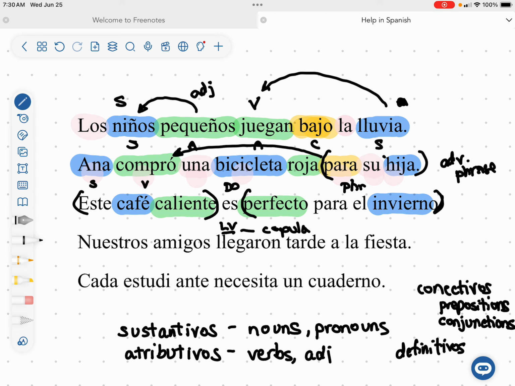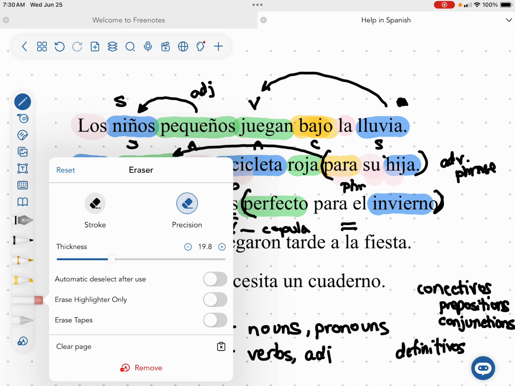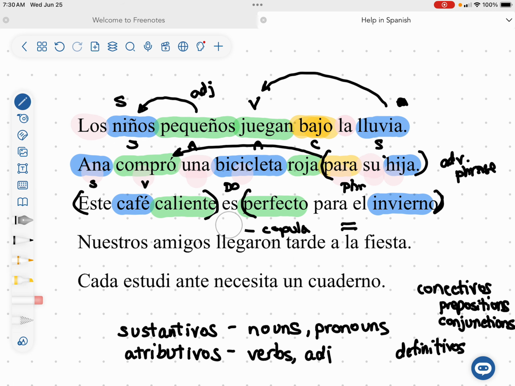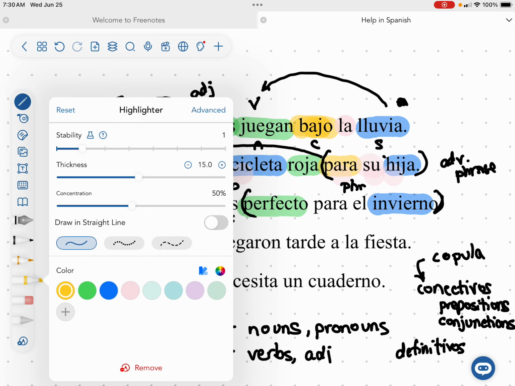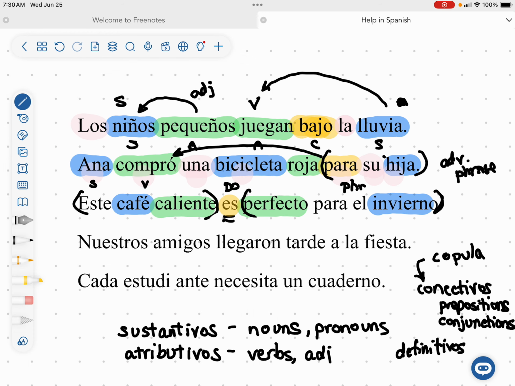So this equals that. So linking verb, copula. So copula serves actually as a conectivo since we're equating this with this. So we're going to call that a connecting word, es.